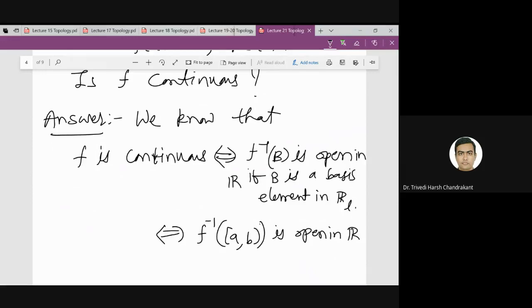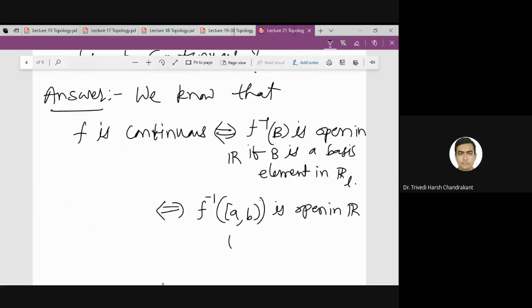So if we can check that this is open in R for all real numbers a, b such that a is less than b, then f is continuous.